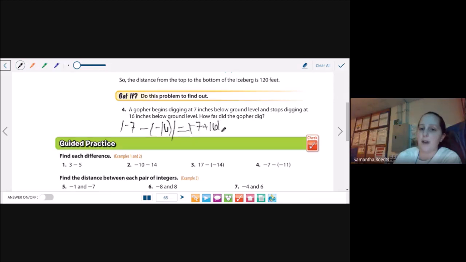They're still absolute values. So 16 minus 7, because they're different signs, is 9 inches. So the gopher dug 9 inches.